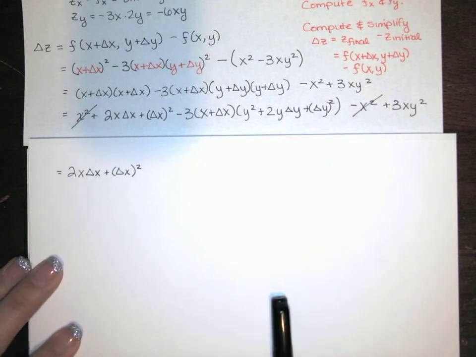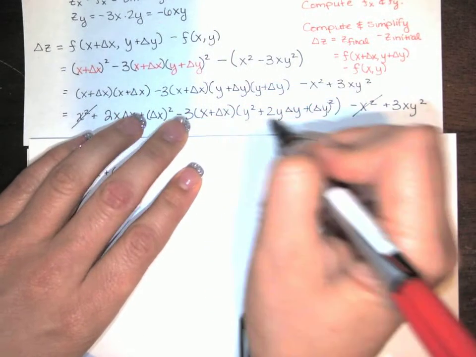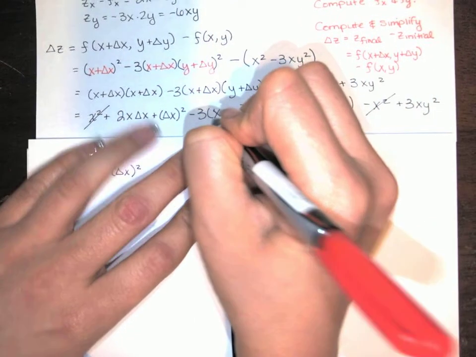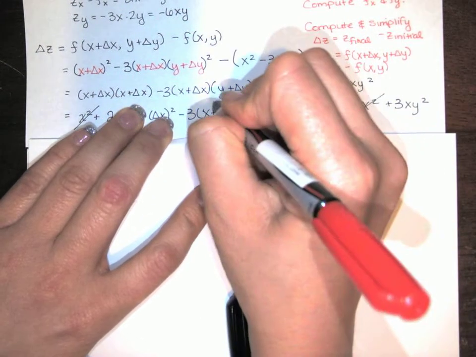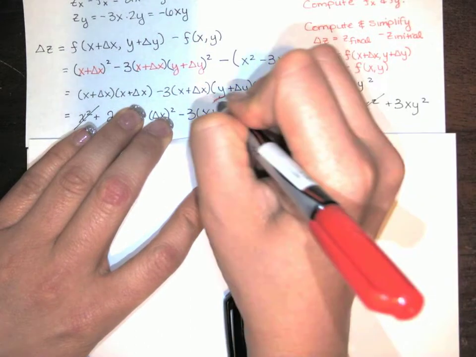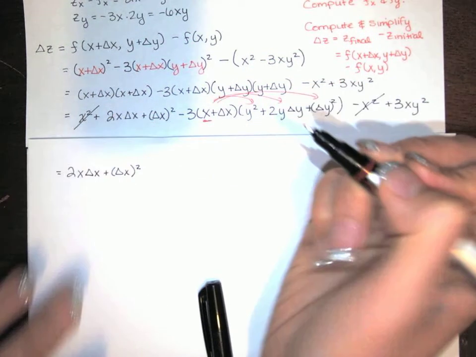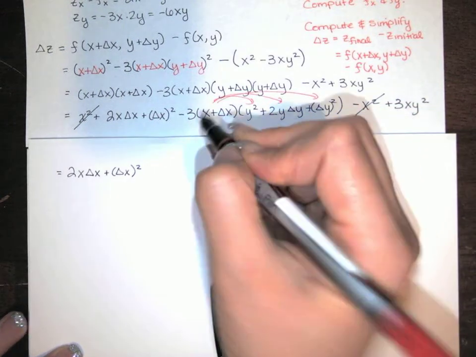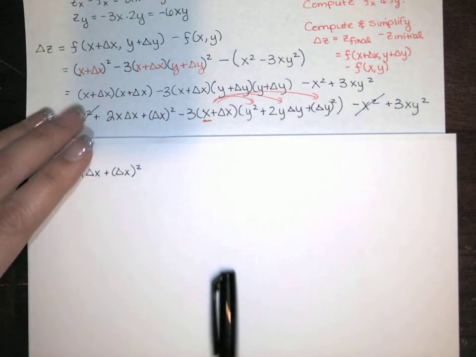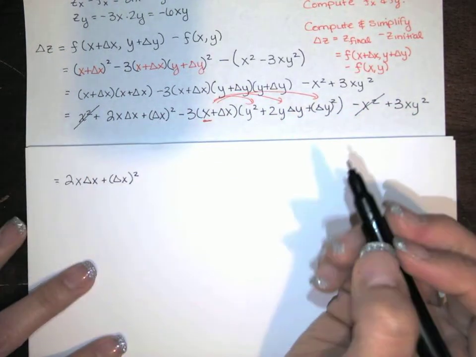So this is what I'm going to do here. I've got a binomial times a trinomial. So I'm going to take this x, and I'm going to multiply it by all 3 of these guys and the negative 3, and I'll write that down. And then I'll take delta x and I'll multiply it by all 3 of these terms and multiply by the negative 3 and write that down. So let's do x times all of this first.